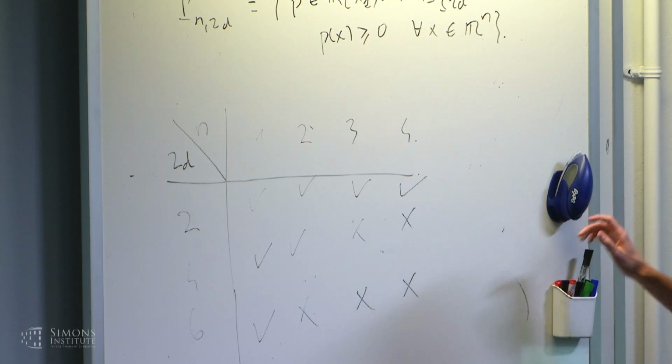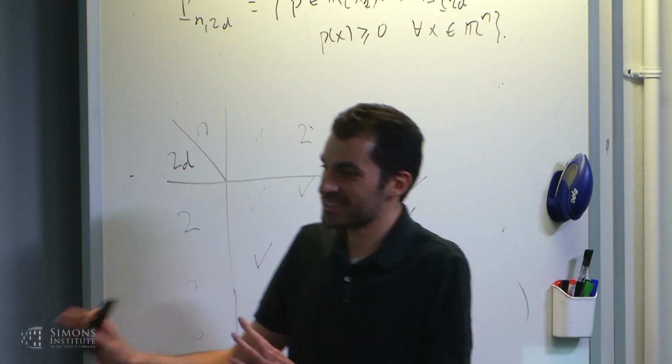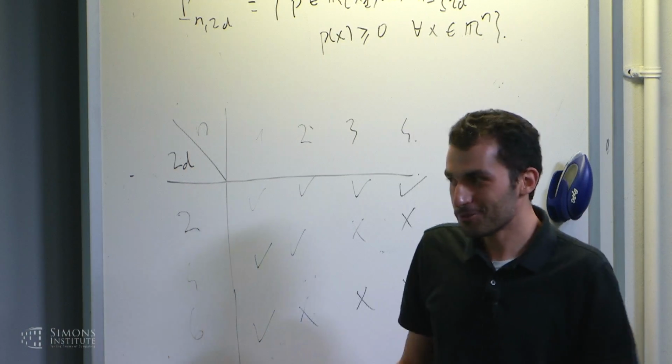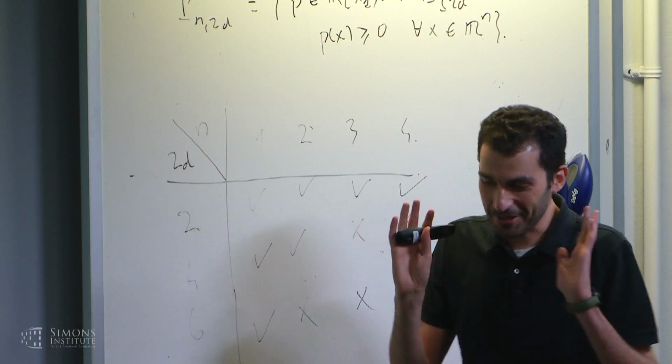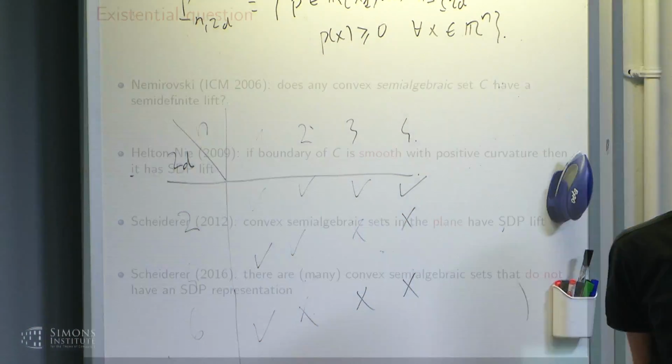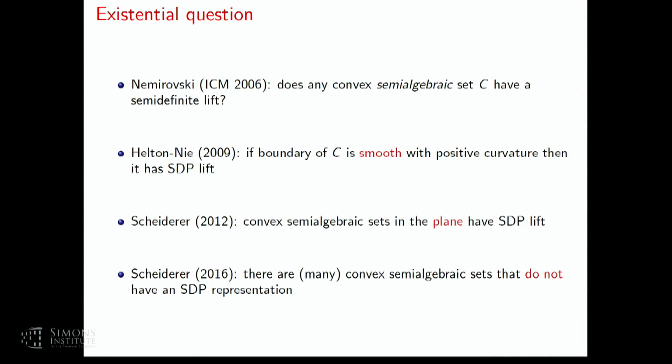This is all I wanted to say about this. The proof is relatively technical and uses very heavy algebraic geometry. Maybe you can ask Cynthia about it. So this was the story of which convex sets admit a semi-definite representation.